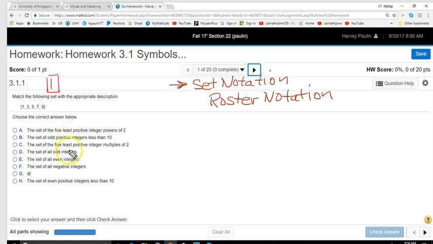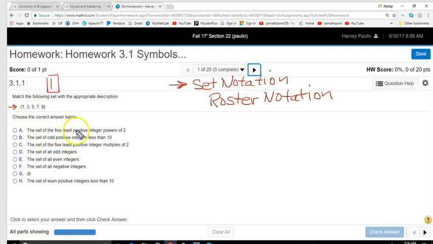So that's one way to denote set notation. But this one is in particular what we call roster notation, where we list the elements or members of the set.